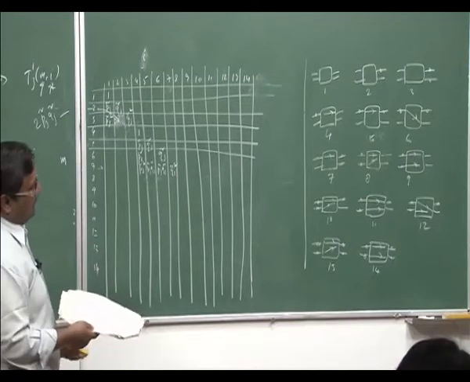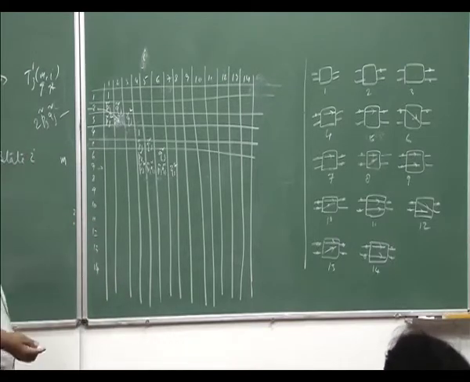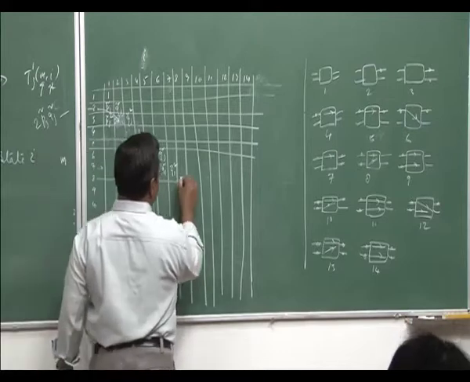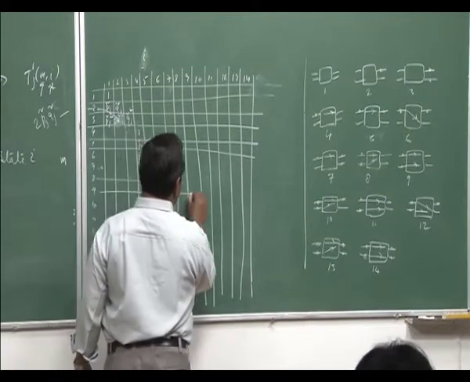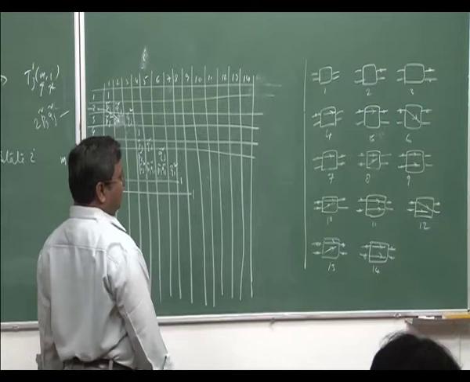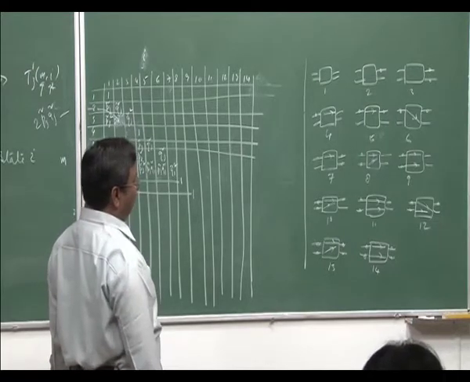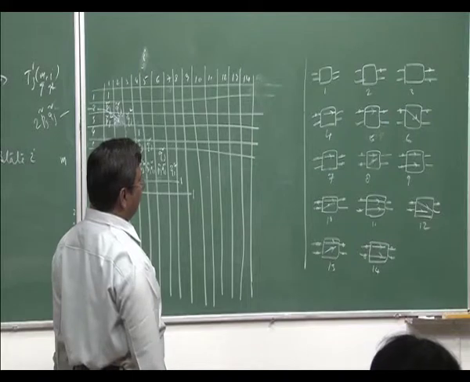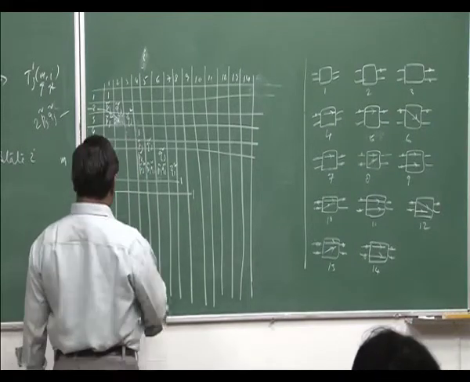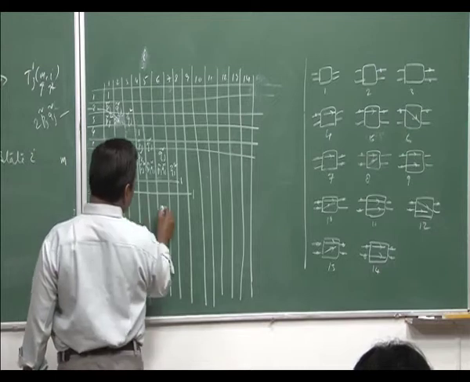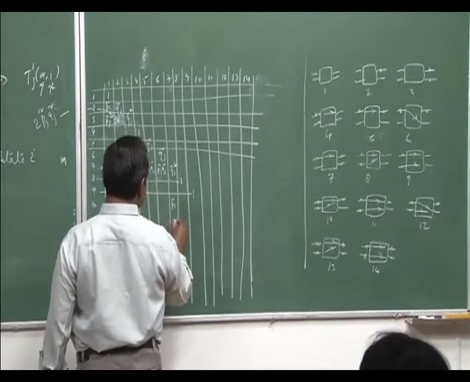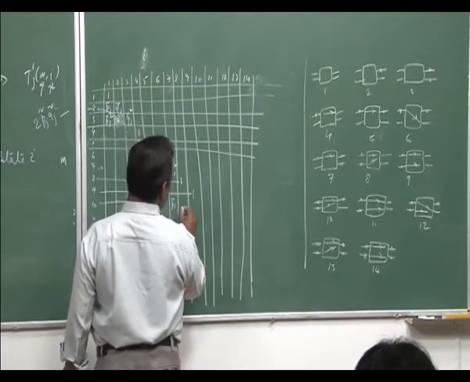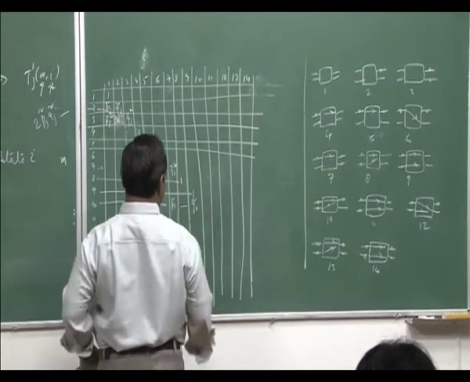Eight, what will happen? 8 will remain 8, not an issue. 9 will remain 9. 10 will become either 8 or remain 10. So 10 will become 8 with probability Pj tilde, and 10 will remain 10 with Qj tilde.